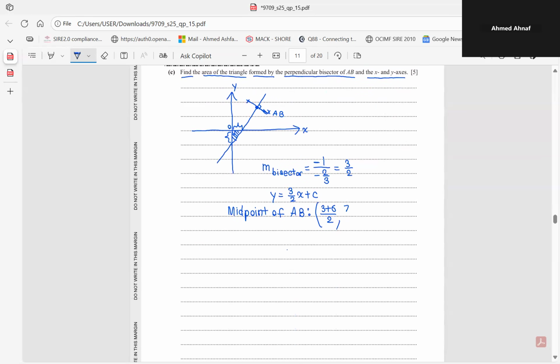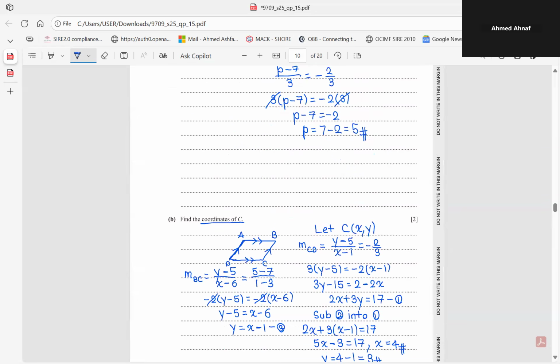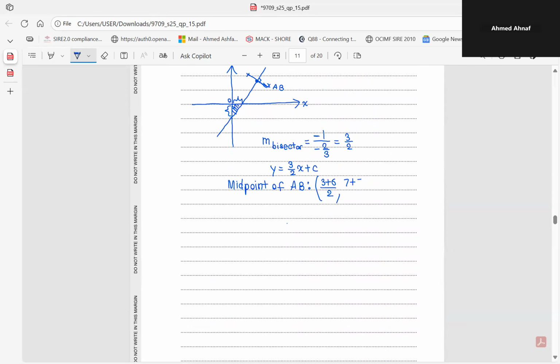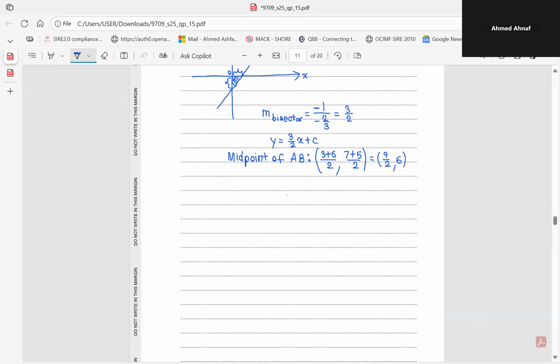So 7 plus p, p is 5/2. So this is equals to 9/2, and 7 plus 5, 12 divided by 2, which is 6. So we can substitute that.